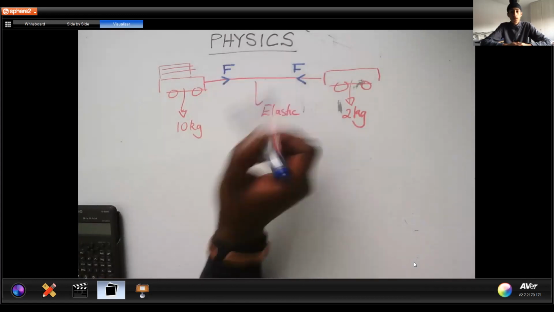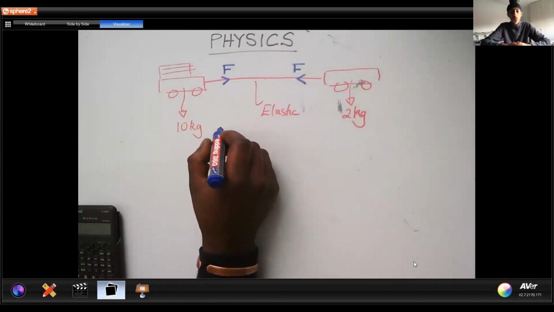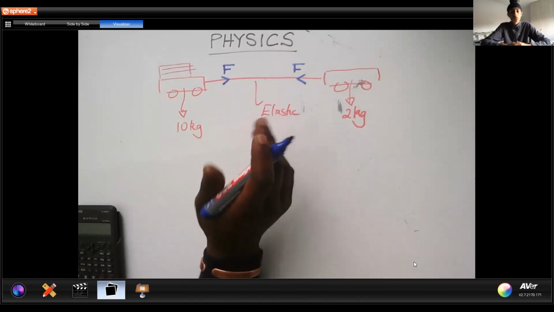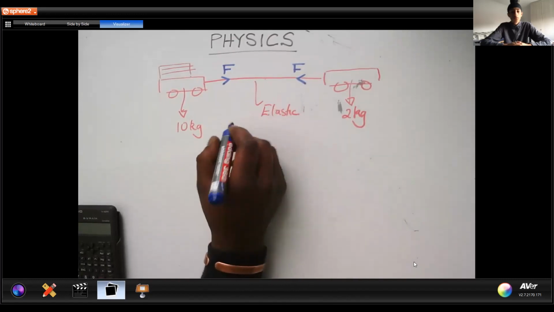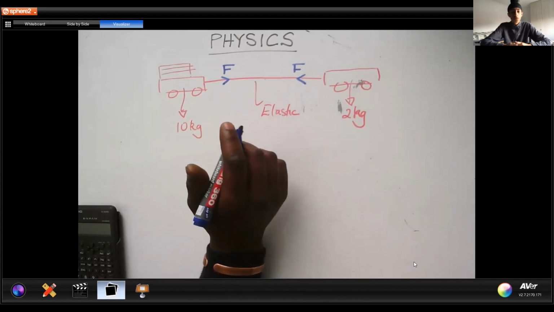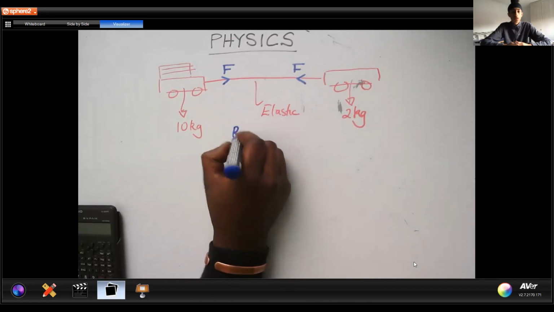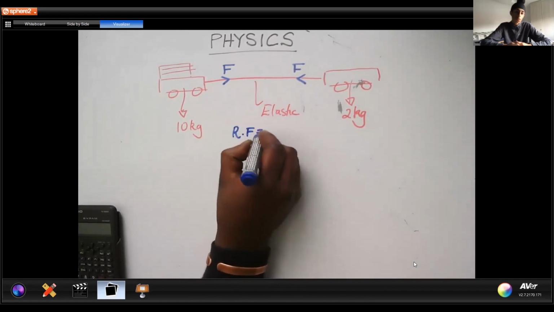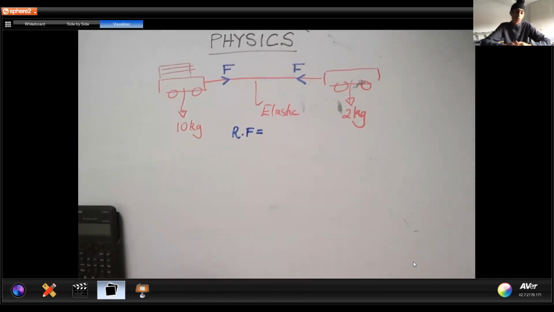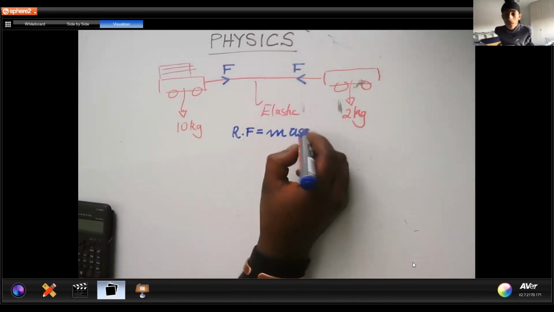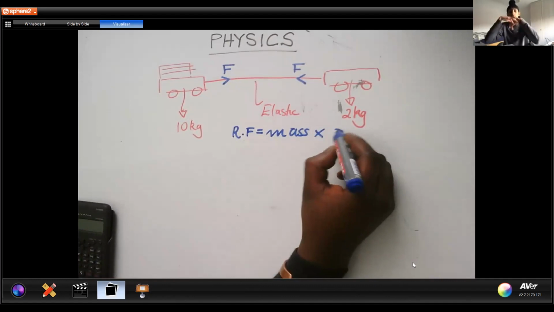So we can even think about it and relate that formula. Can you remember that formula that relates force, mass, and acceleration? Resultant force, shall I say more specifically? So resultant force is equal to, sorry if you can't remember it, mass times acceleration.